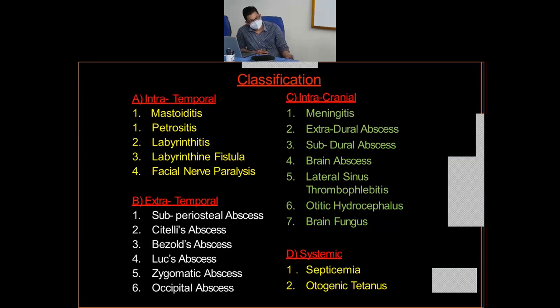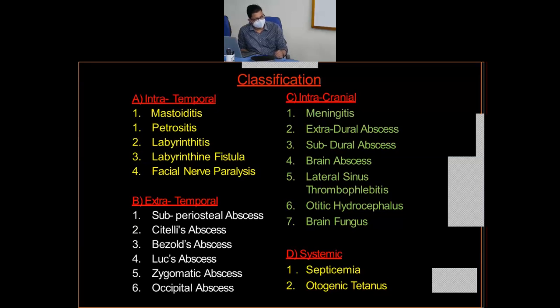Intratemporal complication means it's within the temporal bone. So these are mastoiditis, petrositis, labyrinthitis, labyrinthine fistula, and facial nerve paralysis. Extratemporal means outside the temporal bone. So it's mainly all the abscesses like subperiosteal abscess, Citelli's abscess, Bezold's abscess, Luc's abscess, zygomatic abscess, and occipital abscess.